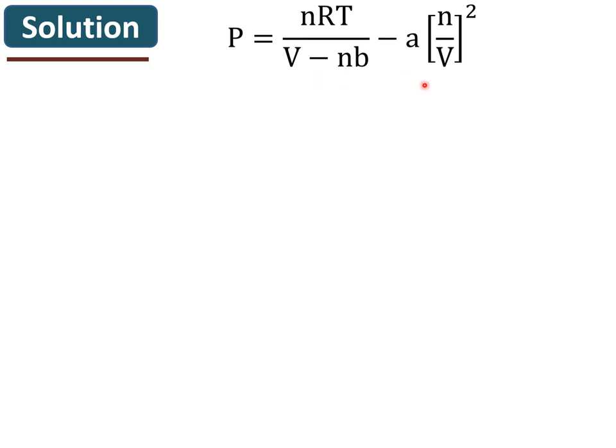Which is influencing more? In some circumstances, you may find the contribution of the volume is exactly the same as the contribution of the pressure. In that sense, the real pressure will equal the ideal pressure, right?